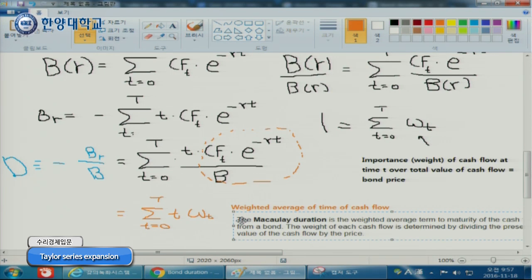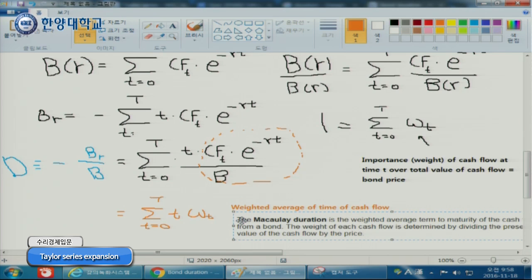Any questions? So for continuous compounding, modified duration and Macaulay duration are the same. Macaulay duration is the weighted average of time to cash flow.